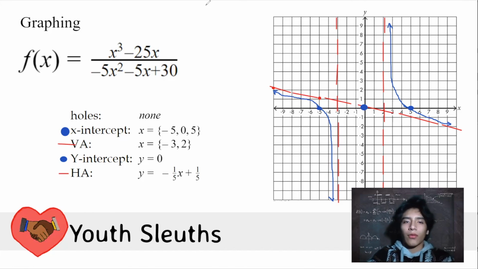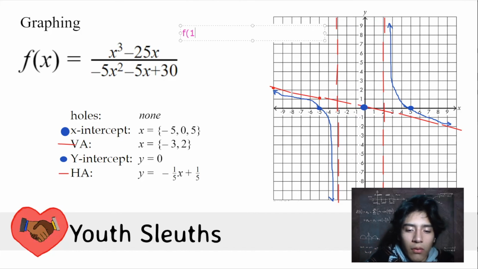Now, for this one, we are going to have to plug in a point because we don't know if our graph is going to look like this or if it's going to look like this. So let's plug in f of 1, which equals -6 over 5.